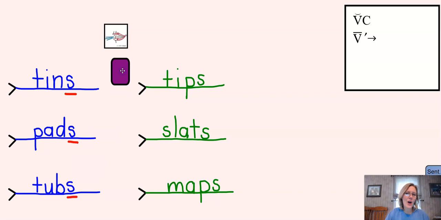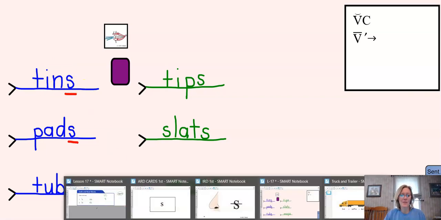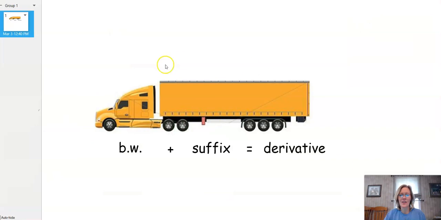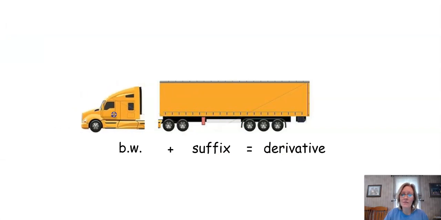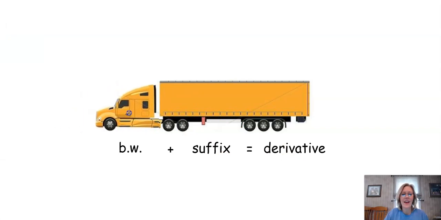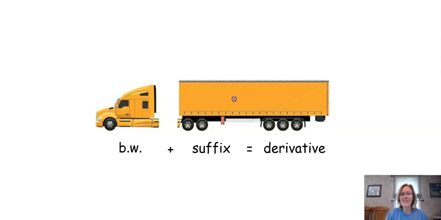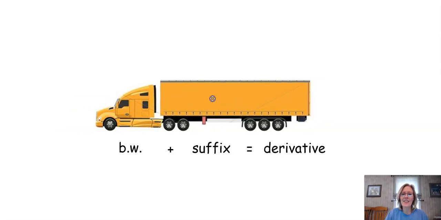What do we know if we have a base word and there's a letter or letters after it? What have we created? Well, let's take a look here. We've created a derivative because we had a base word, if you'll notice, and we had a suffix added on to the end. So S can be a suffix, and when we put them together, we have a derivative.